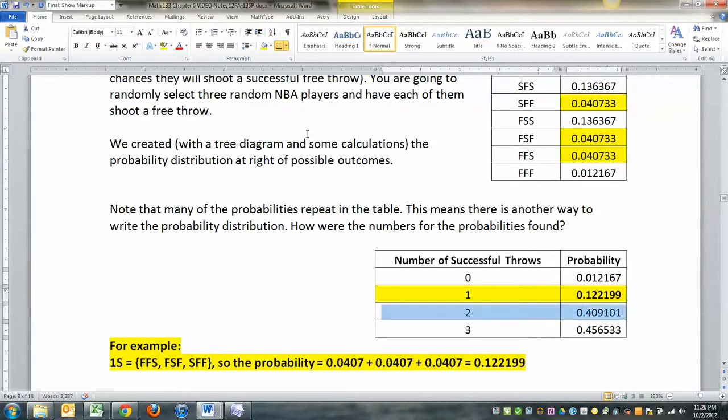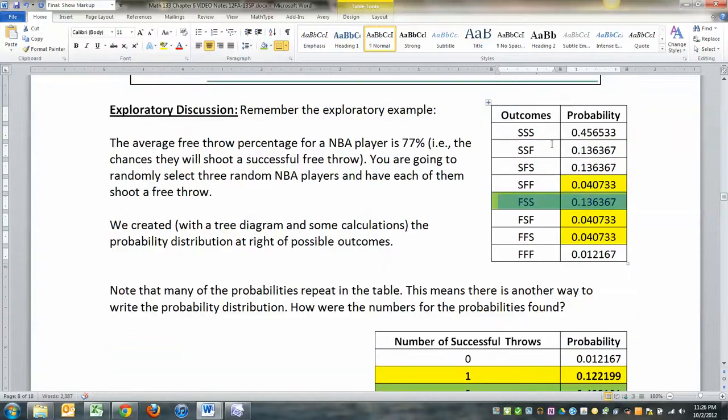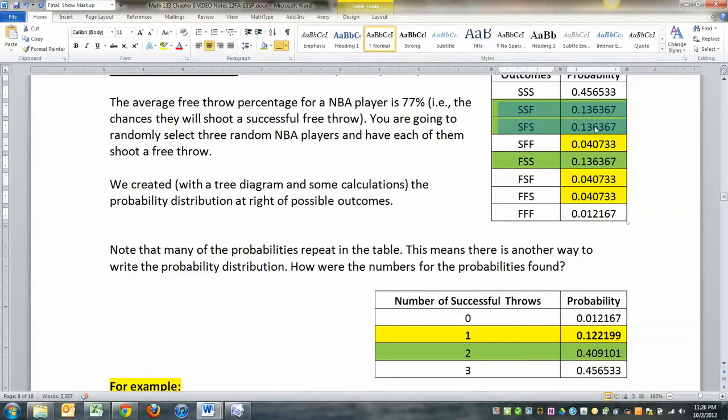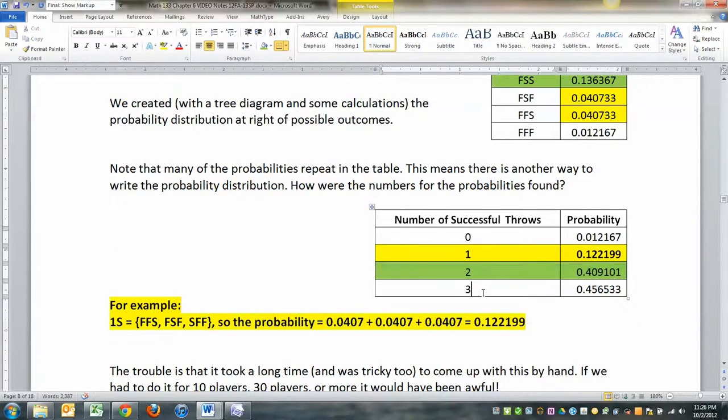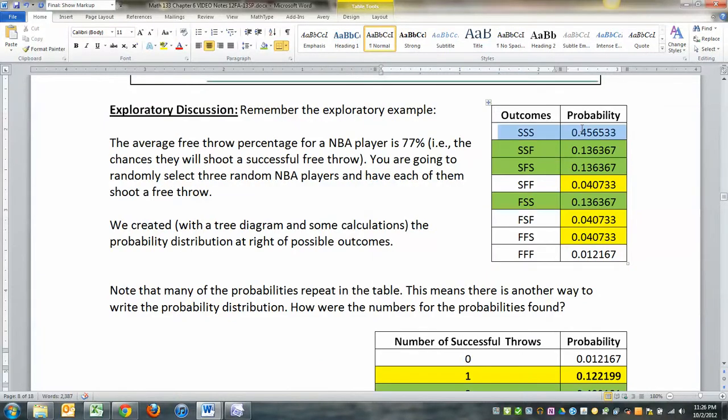Or you could have 2 successes. Okay, well, let me do green right here. That would be this FSS or these 2. And if you add up those 3, 0.136, 0.136, 0.136, you get 0.409. You with me? And then 3 successes means you had success, success, success.